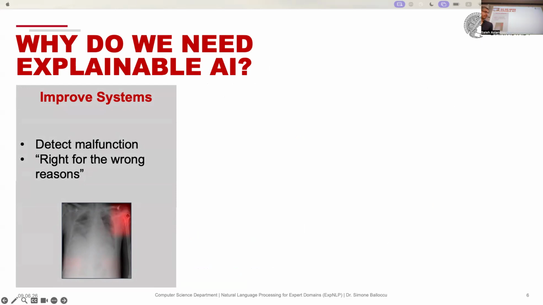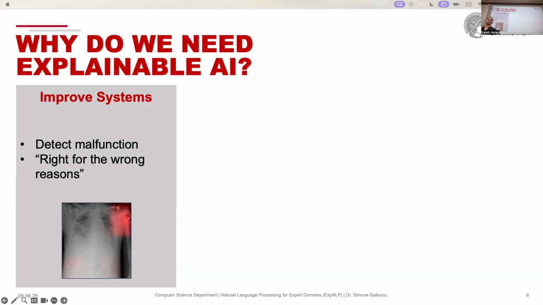For example, take a look at this picture here. This is a medical image that is supposed to be an image of a person's lung, and the doctor should diagnose whether the person has pneumonia, which is a lung disease. So the AI system looks into the image and classifies it as disease, and the decision is correct.